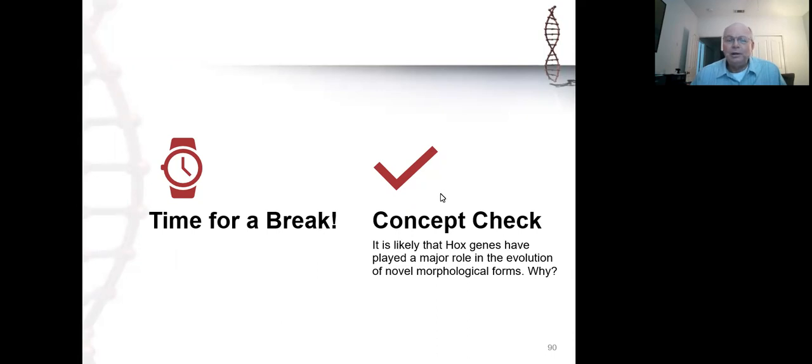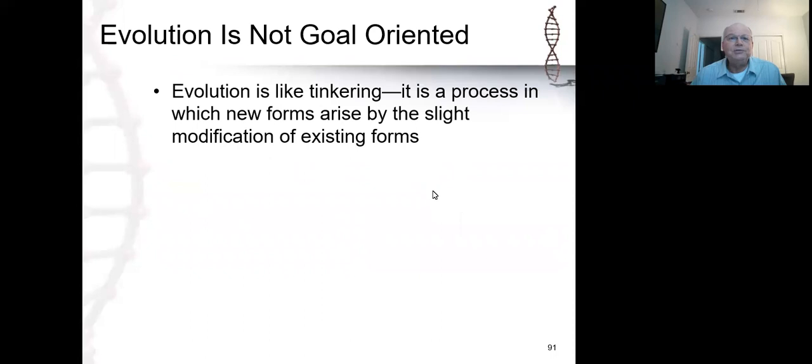So let's take a quick look at this last section and then we'll finish up this chapter. So one of the things that you could unfortunately get the impression is that there is a goal to evolution, because when you look at phylogenetic trees, you can pretty much draw a line from an ancestor to an extant species, a living species.